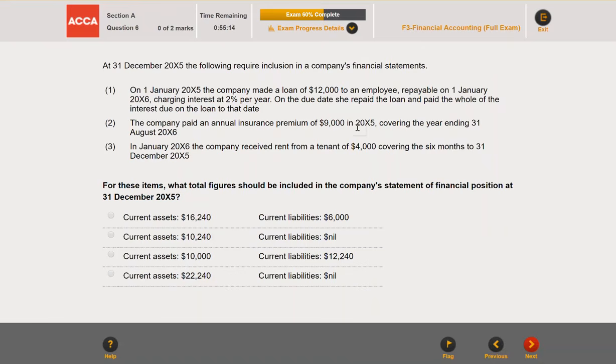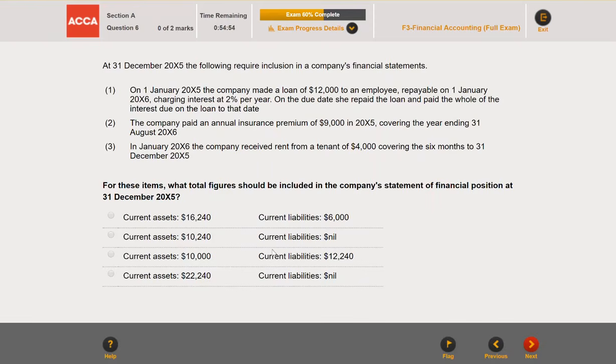Okay, the first one is a payment to an employee. Our year end is December, and we received this payment on 1st January. That means on December the payment and the interest was due.